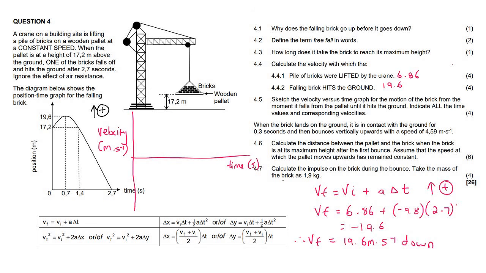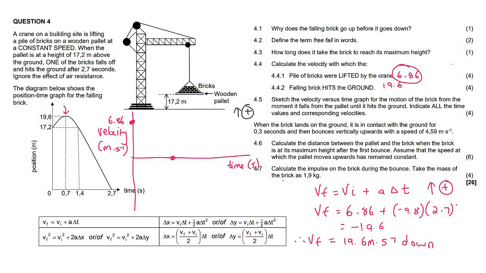So at time 0, what is the velocity of the brick? Remember, at the time when it was dropped, it was moving at 6.86. Now, it was going up, and I chose up as positive. That means I'm going to put a positive y value over here, and so we're going to say 6.86. Then the velocity when it reaches the maximum height would be 0.